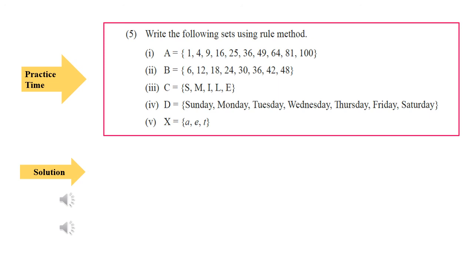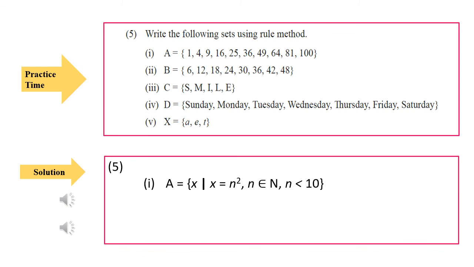So now when I start writing my answer, I will first start writing x such that x is equal to n square. So it is not directly equal to natural numbers. It is equal to natural numbers but in some pattern, that is in a square pattern. Then I'll write these belong to natural numbers, but to which natural numbers? The numbers which are less than 10.